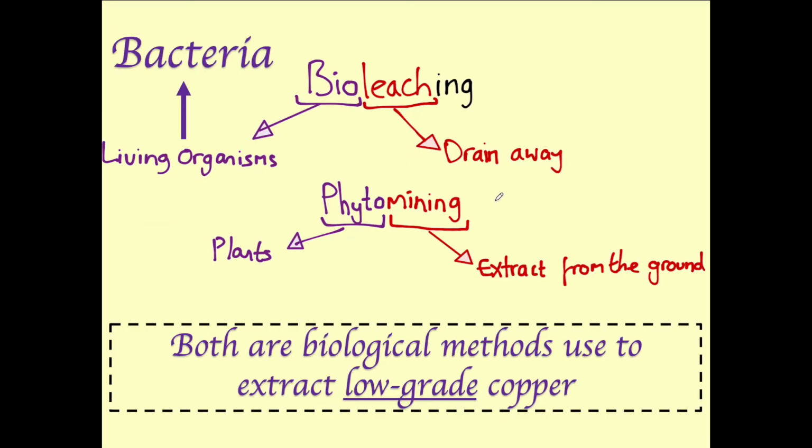So both of these are biological methods, and that means that they are quite easy to do because it's living organisms that are doing the work for us. And these biological methods are better for the environment because they're using those living organisms, instead of having to apply high energy treatments such as in smelting.